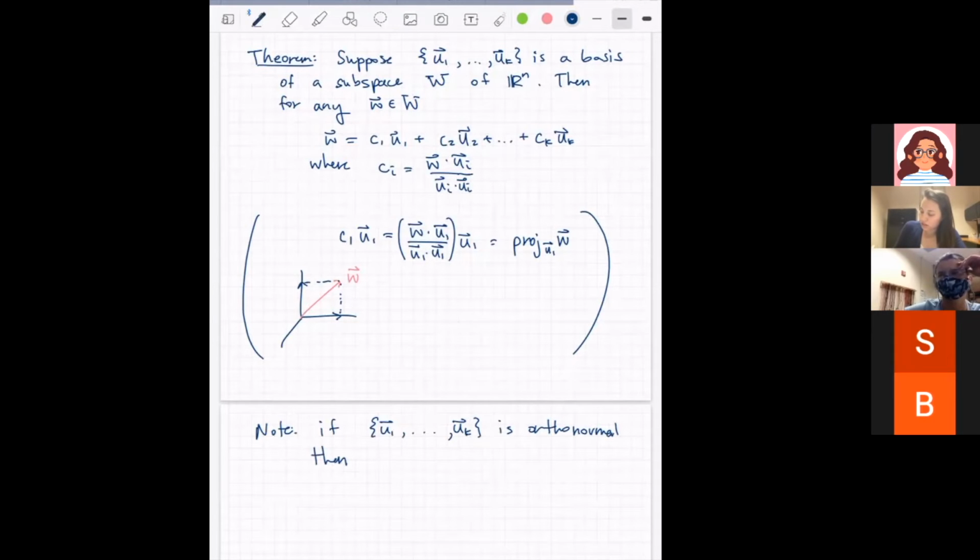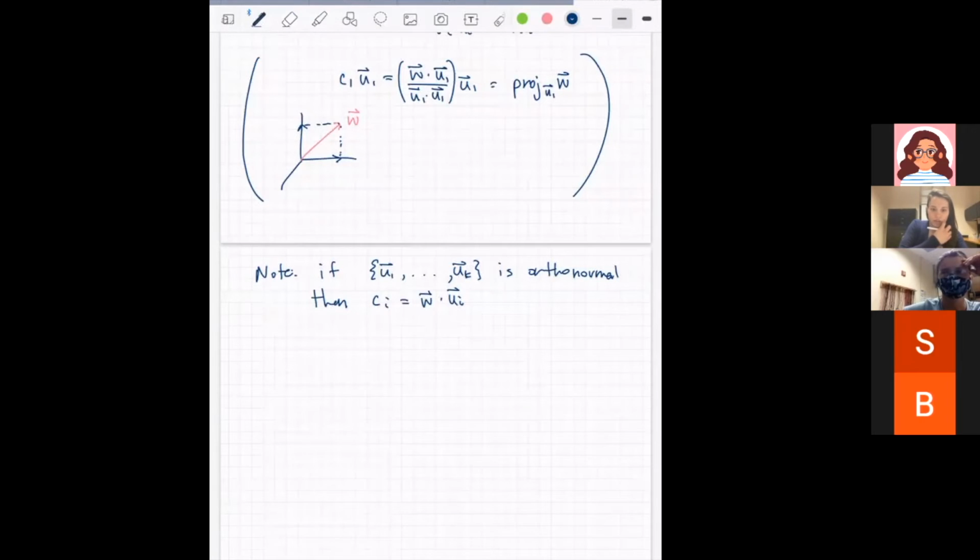You get that the Ci, we could rewrite this as W dot Ui over the norm of Ui squared, right? And if these are orthonormal, then the norms are all one. So this simplifies to just W dot Ui. Okay, cool.